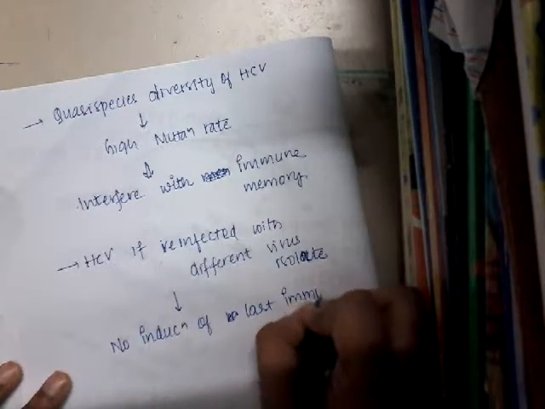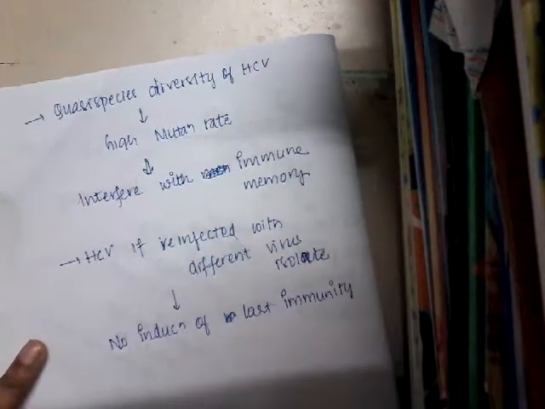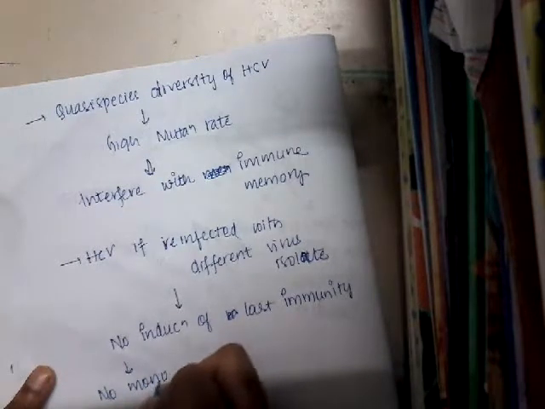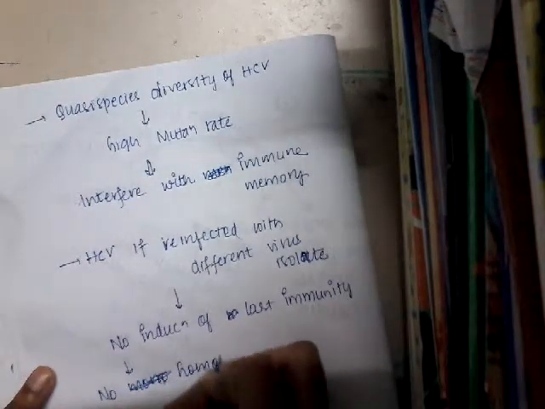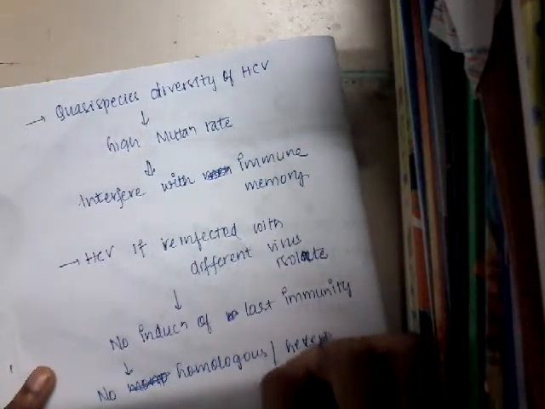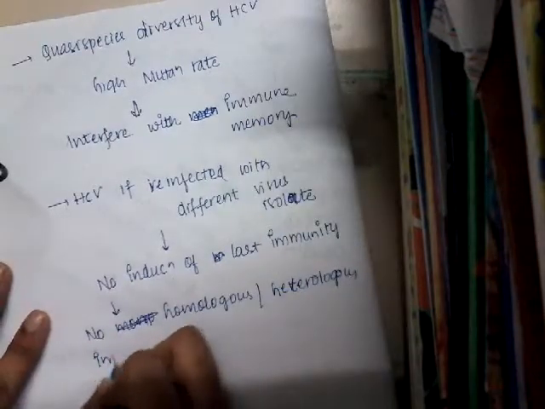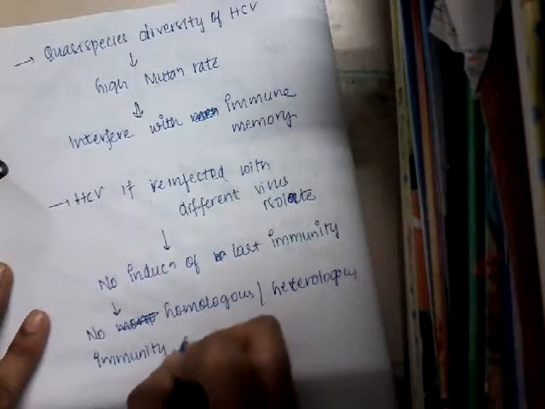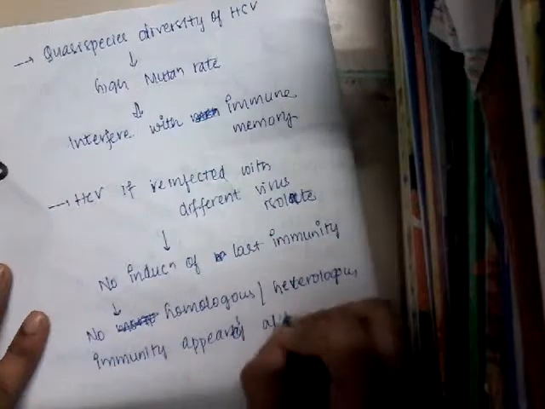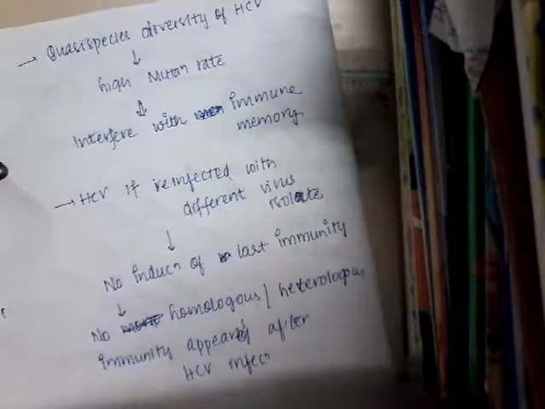The memory B cells don't attack this new virus, though it is an HCV infection. So no homologous or heterologous immunity appears after HCV infection. Okay, so that is one thing.